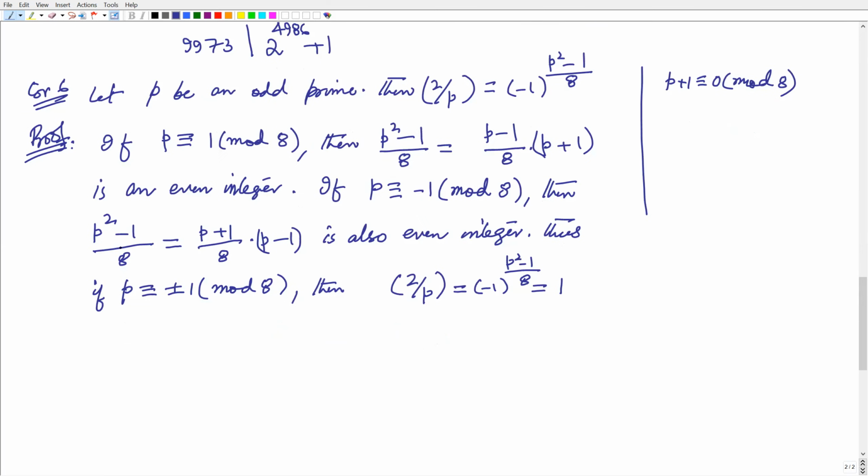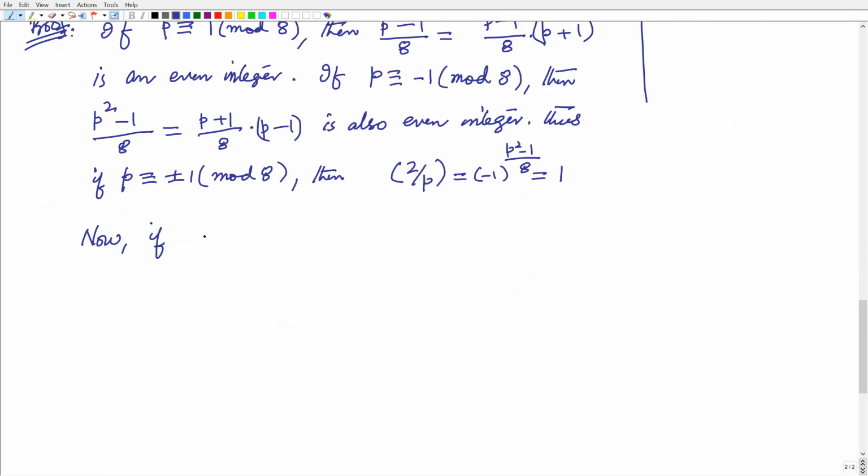Okay, so now if p is congruent to plus minus 3 modulo 8, it means p minus plus 3 is divisible by 8.